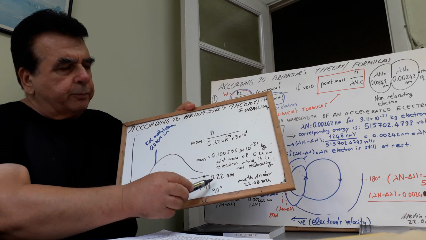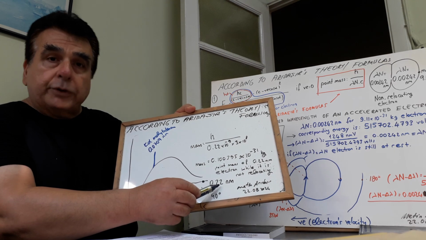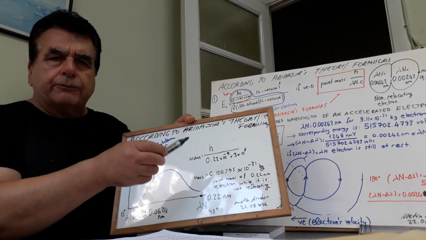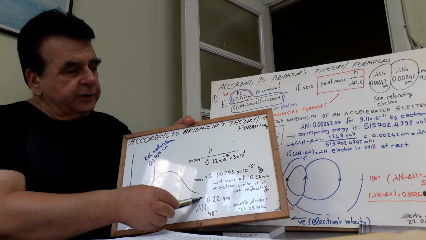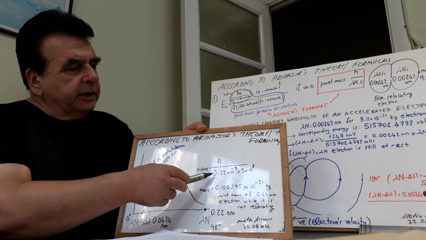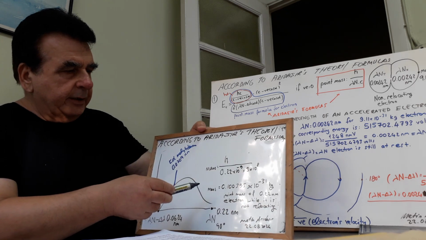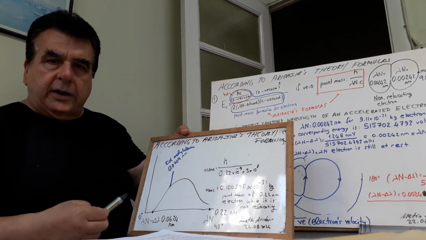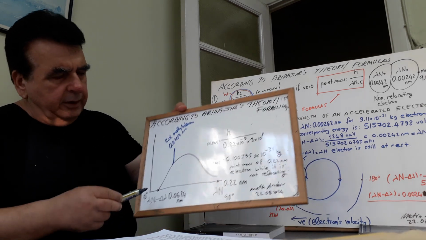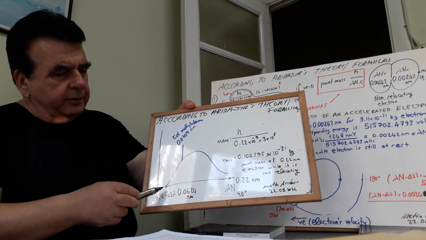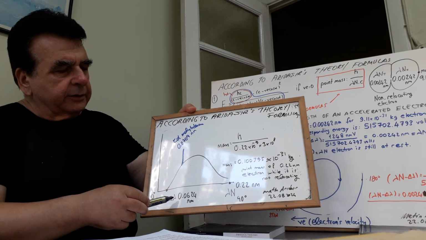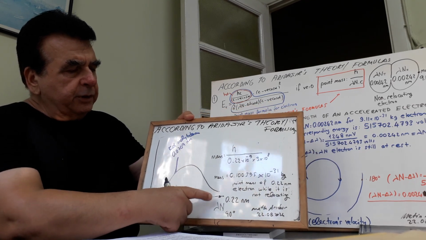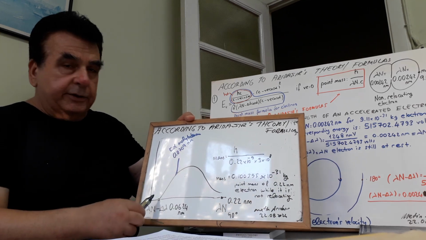Lambda normal is 0.22 nanometer, not 0.00242 nanometer, as the starting point. When we apply 20,000 volts, there is a shortened wavelength, 0.0624 nanometer, in this continuous spectrum band.